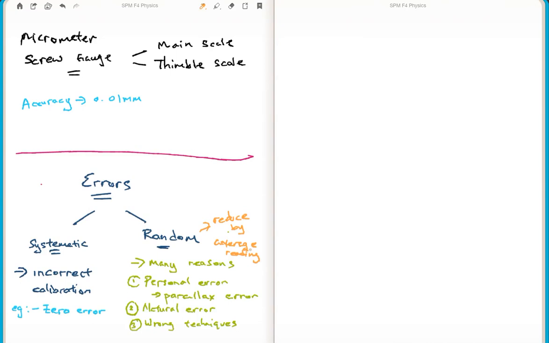As I said earlier, for parallax error the position of the eye is supposed to be tangent to it, and you have the potentiometer or the voltmeter that has a mirror underneath the needle. Make sure the position of the needle is directly perpendicular. You do not see the image, or they call it an anti-parallax mirror. Those are to reduce random error. Okay.